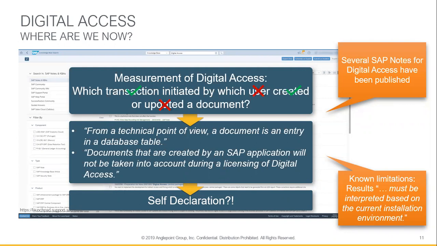So it's likely that they're going to continue to release more notes, and perhaps they're going to improve their ability. But the question is, where are we now? And right now, we don't have a foolproof plan or product or measurement functionality from SAP to give us the exact numbers of what we need to measure for digital access.